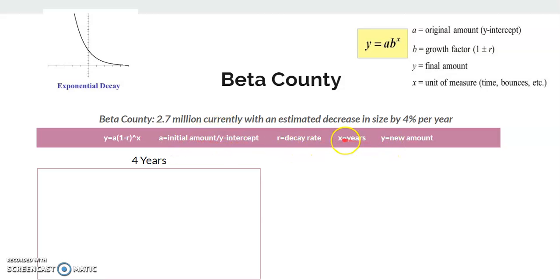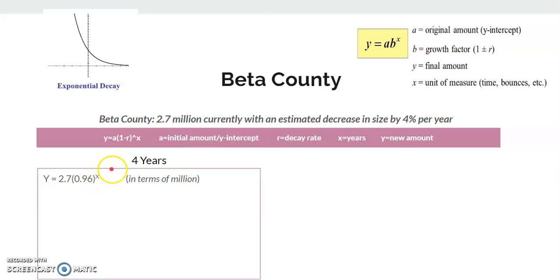Once again, we put right here what the different letters stand for. So we start out with our equation y equals 2.7, which is 2.7 in terms of million. 2.7 is our initial amount, which is a, or y-intercept.